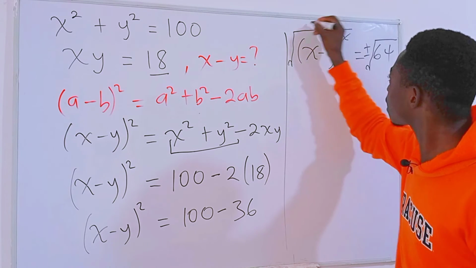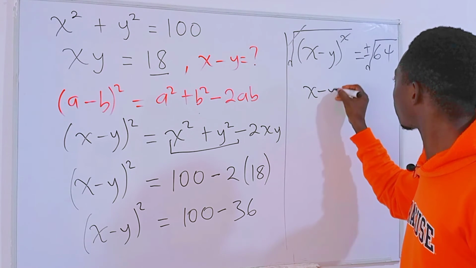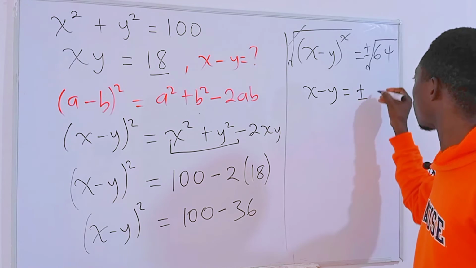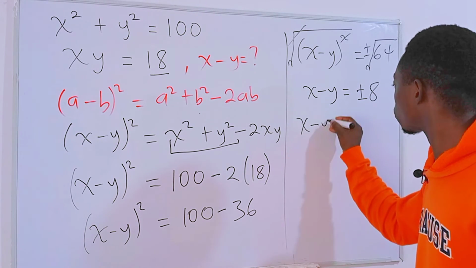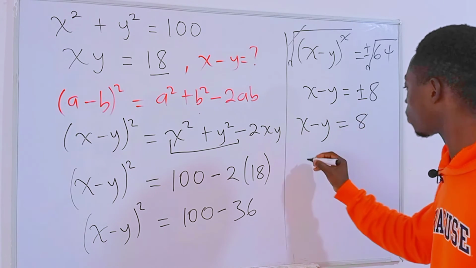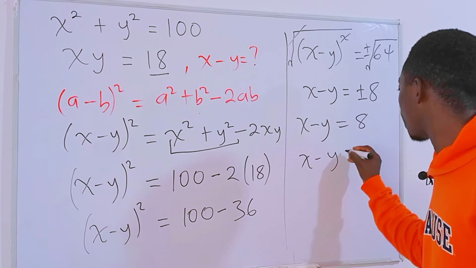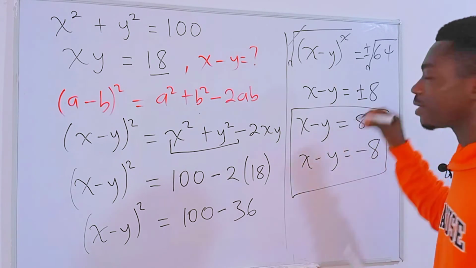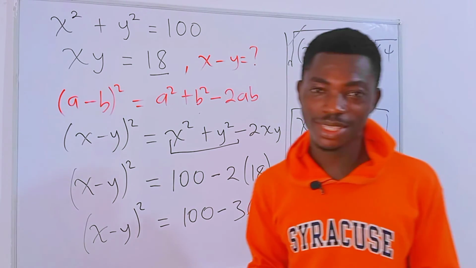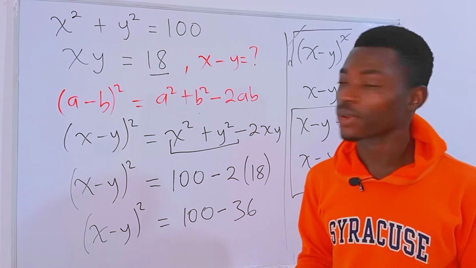So this and this will go, we have x minus y is equal to plus or minus 8. So this means that x minus y is equal to 8 or x minus y is equal to negative 8, and you are done. So guys, I think this is a pretty interesting and very easy question.